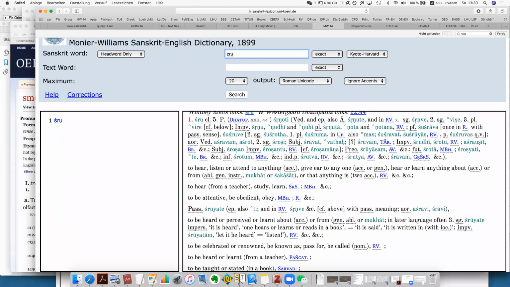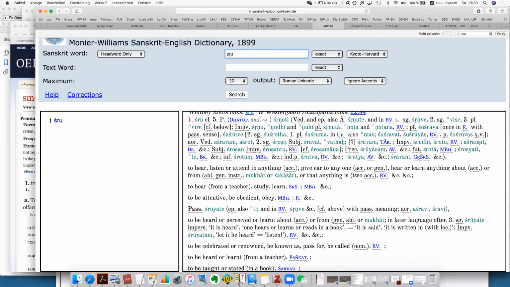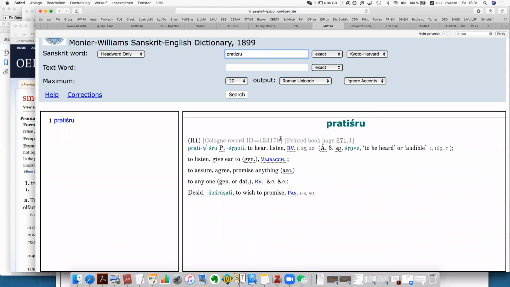But if we check a compound, so let's check a compound called prati-śru. Take a look. Prati-śru actually means to... the dictionary is not well.